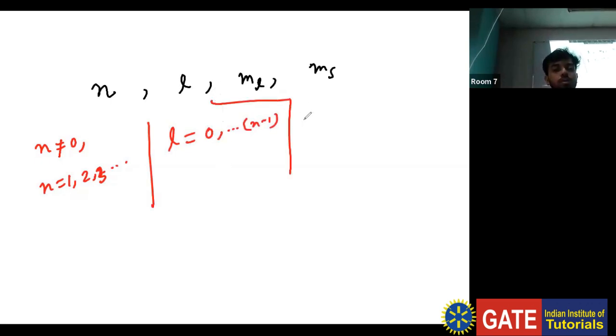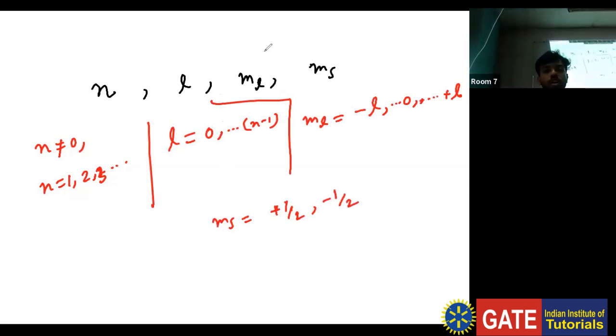What is the ml value? Don't forget all this.